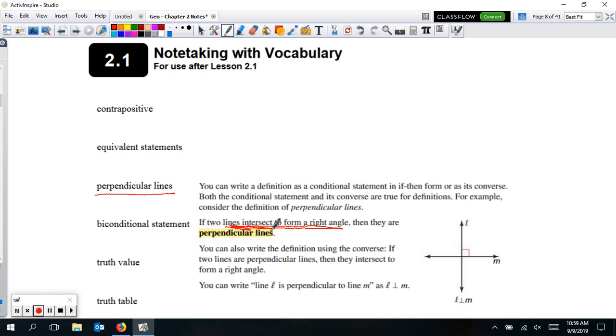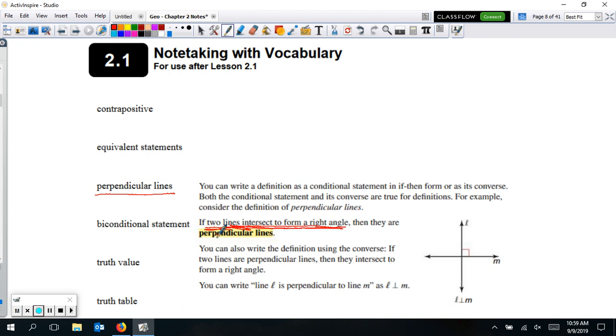And we talked about that earlier. But I should say two lines, not just lines: two lines intersecting to form a right angle. Two lines that intersect to form a right angle. Those are perpendicular lines. That's all you need to write down for that page on 35, because everything else we highlighted. That's in the core concepts.